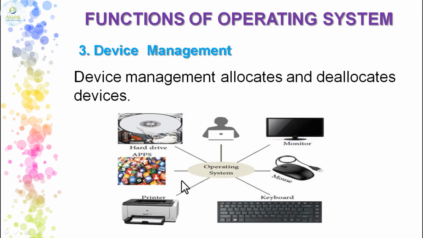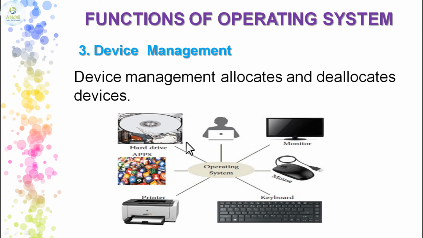The next function of the operating system is the device management. The device management is basically concerned with the hardware components which are attached to the computer. It involves allocating, giving the memory space for the devices to communicate with the other devices or to communicate with the operating system or the CPU. Deallocating is freeing of the memory space which is not being utilized.